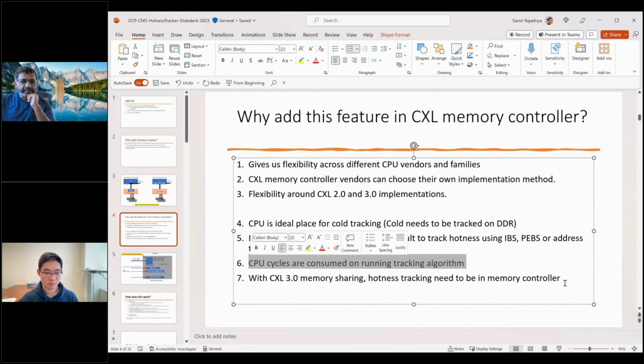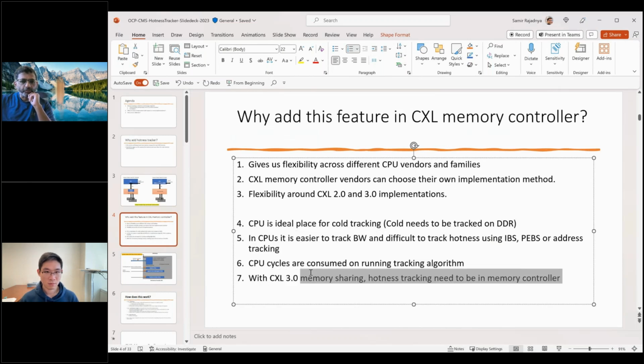And the final point is, let's say tomorrow we move to CXL 3.0 memory sharing cases. Then hotness tracking becomes even more complicated, right? First of all, memory is now shared between two CPU sockets, and whether you want to move is the first question, right? You may not decide to move in that case, but even if you want to move, which is the ideal place?